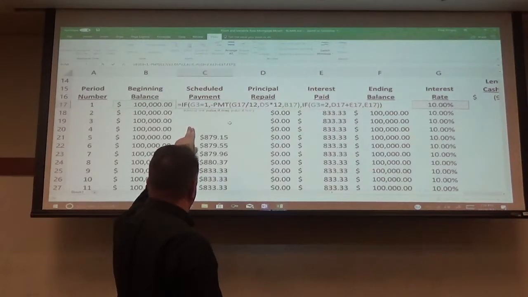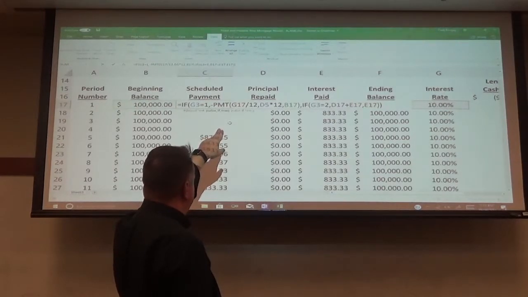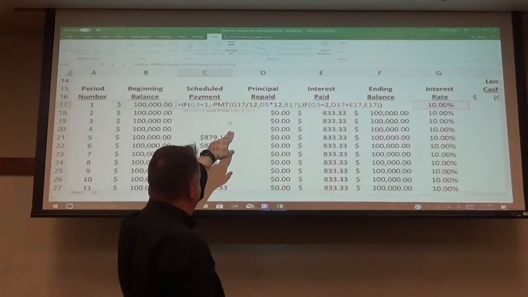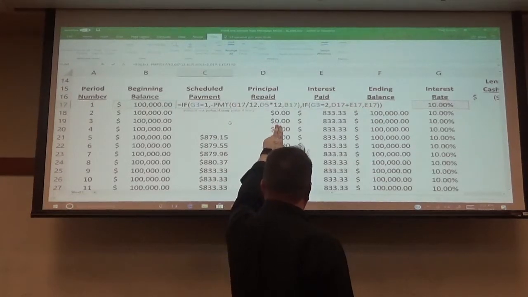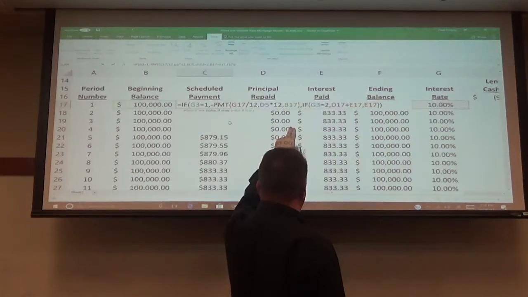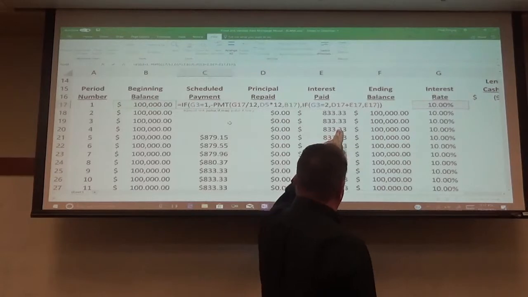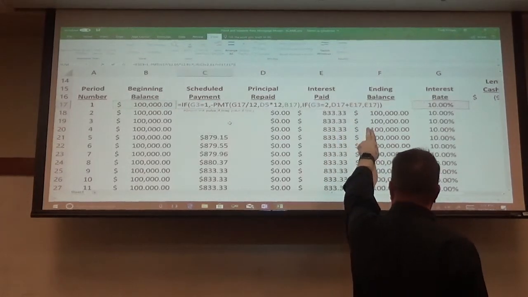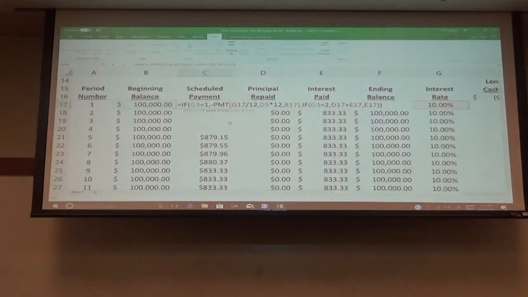Equal if, open parentheses, G3 equals 1, comma, negative PMT, open parentheses, G17 divided by 12, comma, D5 times 12, comma, B17, close parentheses, comma, if, open parentheses, G3 equals 2, comma, D17 plus E17, comma, otherwise, basically E17, close parentheses, close parentheses. Awesome.